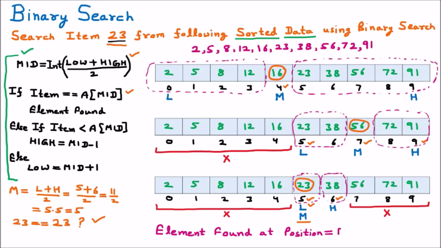The location of the found element will be equal to middle, and that is 5. So after executing this algorithm, we can say that we found our element, which is 23, at location 5. This 5 is the index value where we found our element.